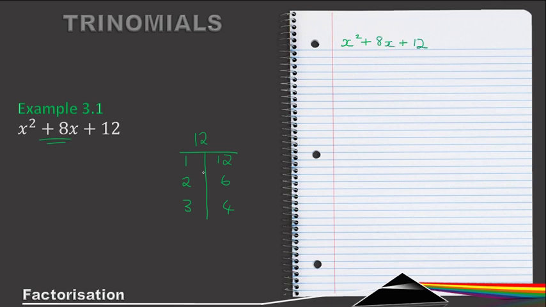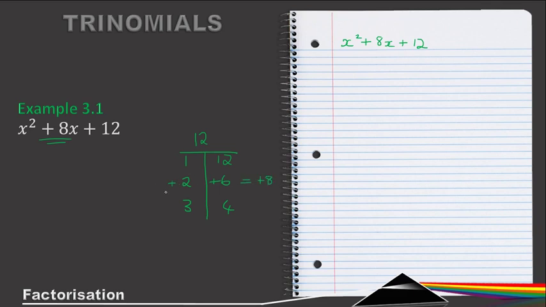Now, in order to get plus 8, I need to see which one of these can give me plus 8. So if I say 1 and 12, if I add the two, I get 13. If I subtract them, I get 11. So that can't give me plus 8. Let's try 2 and 6. If I say plus 2 plus 6, that will give me plus 8.